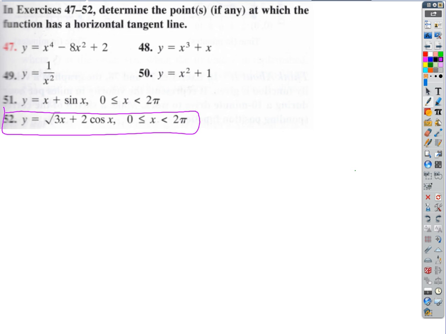And in the real world, that's what we do a lot of the time. It might be a profit function for a corporation, and there are real world applications where that's something we always want to find. What's unique about a horizontal tangent line? What's the value of the derivative?